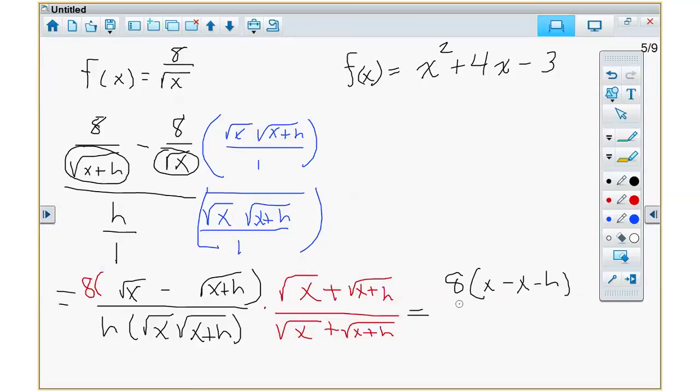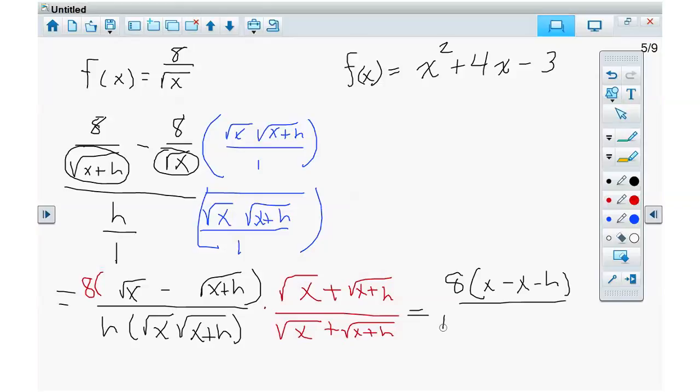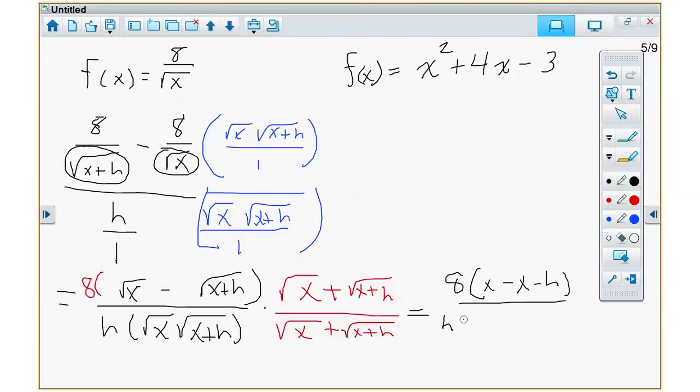That's your final product, because you're going to get 8 parentheses, then the square root of x quantity squared minus the square root of x plus h quantity squared. Shortcut number 3. And then on the bottom, you're going to have a cluster with h, but the cluster is going to work out because of the h going to 0 and canceling.